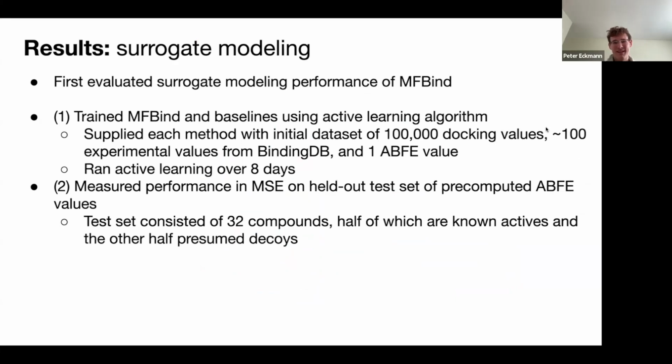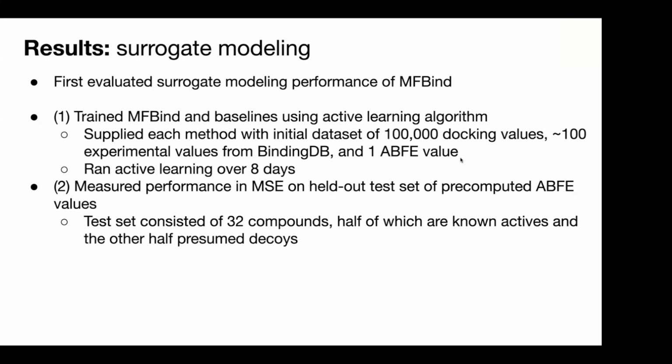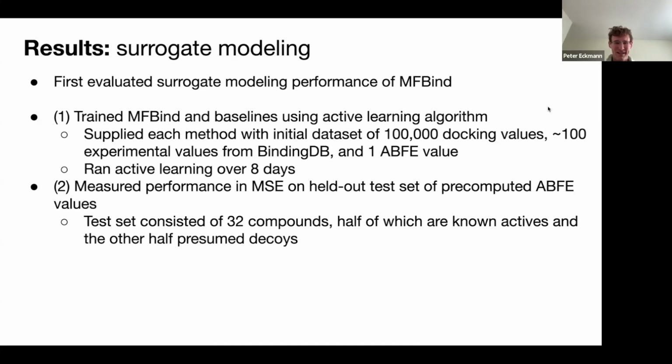We first supplied each method with an initial data set of 100,000 docking values, about 100 experimental values from BindingDB, and also one ABFE value. So that was our initial data set. And then we ran active learning for 8 days, starting from this initial data set.